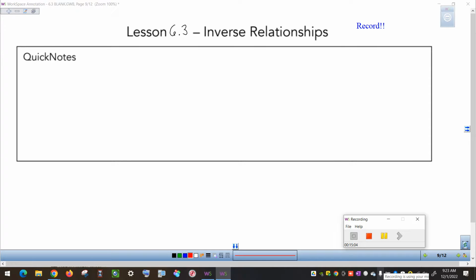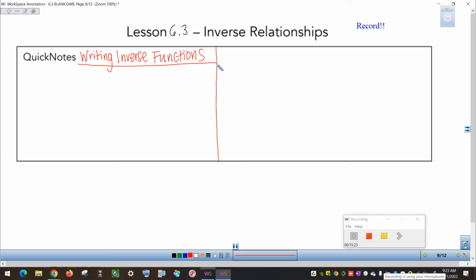All right, so going back to our two learning targets that we had at the very start today, the first one was just about being able to write an inverse function. So on this first side here, let's say writing inverse functions. And here's the big idea. We're going to put this into a sentence.